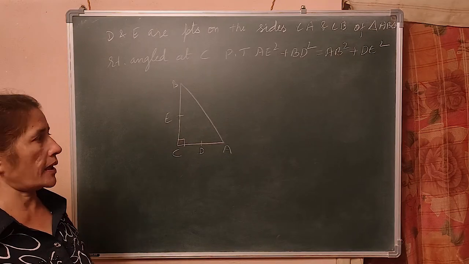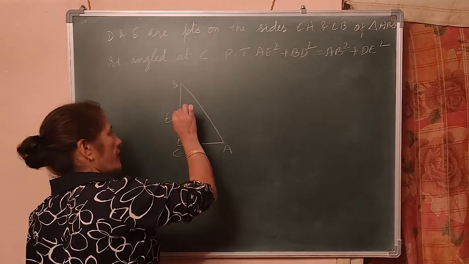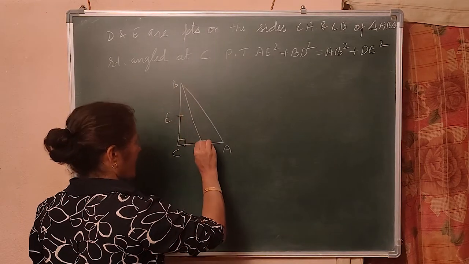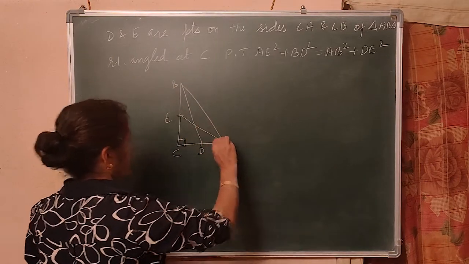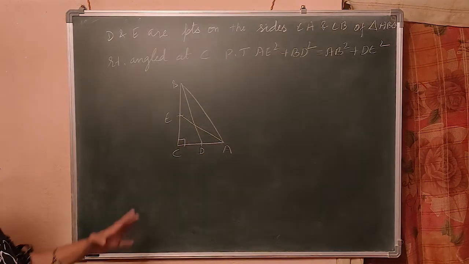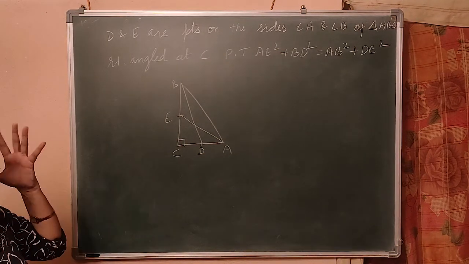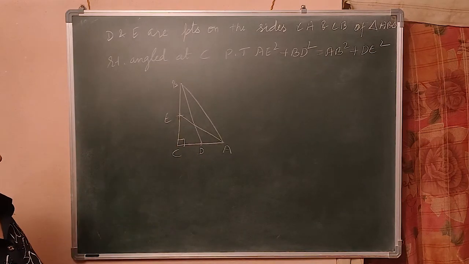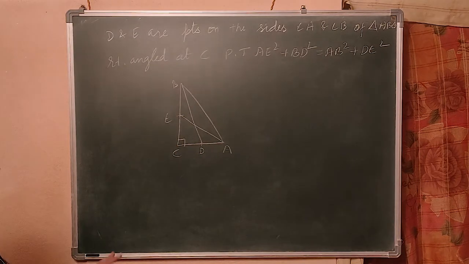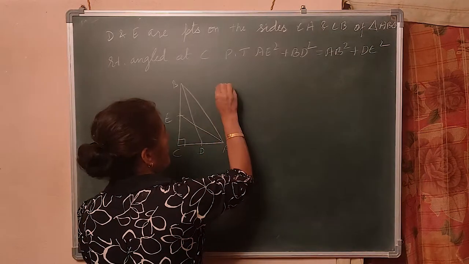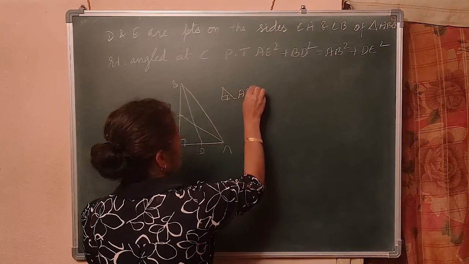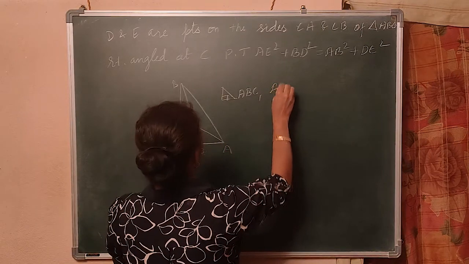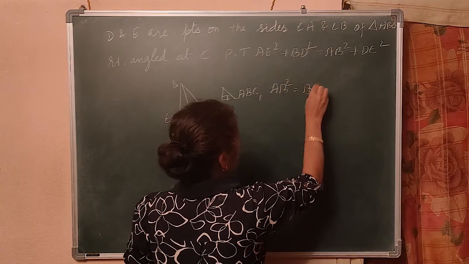Whenever such a problem comes, you join these points. See, BD square, we have to join. AE square, we have to join. Now I have three right angle triangles: one is ABC, one is EAC, another one is BDC. So let us see. First, in right angle triangle ABC, AB square is equal to BC square plus AC square.